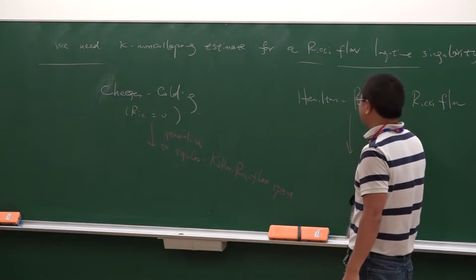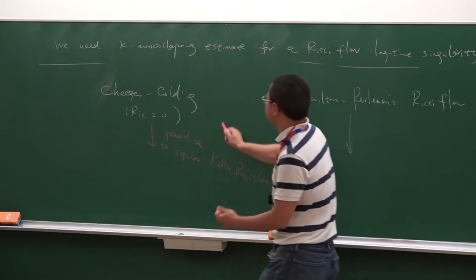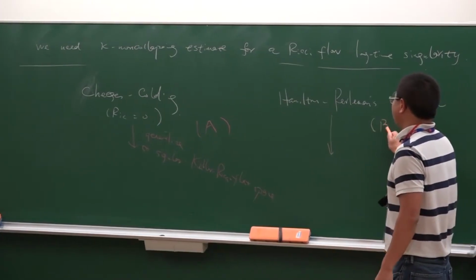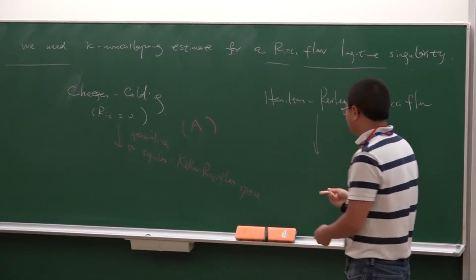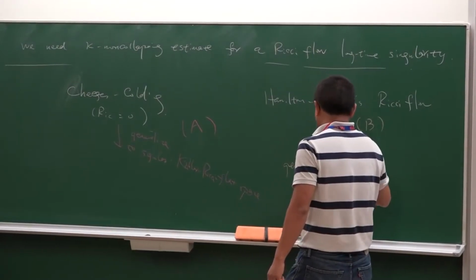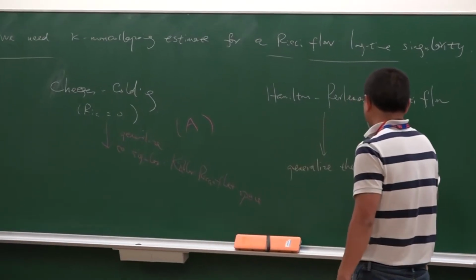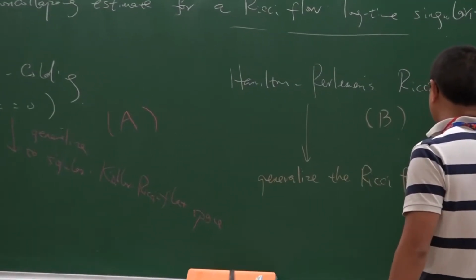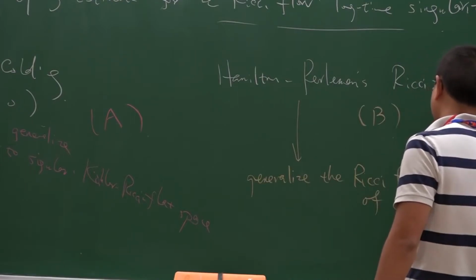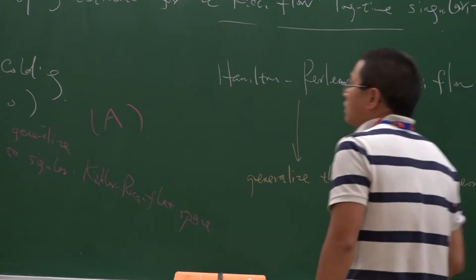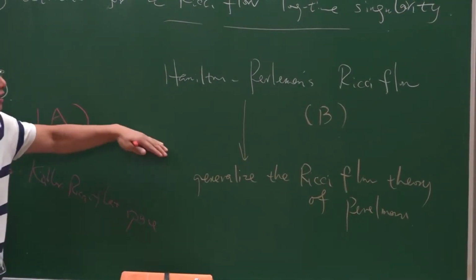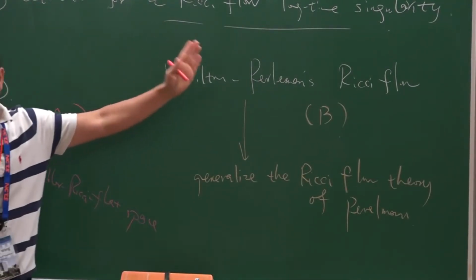So this is for the flow A, and this is for the flow B. What we need is to generalize the Ricci flow theory of Perelman. Perelman's entropy method was developed to study the short time singularity.